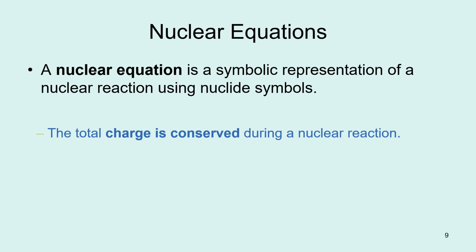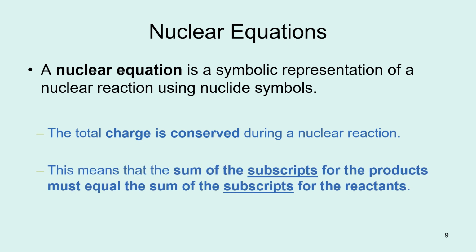And the important thing to remember is that the total charge is conserved during the nuclear reaction. So that's what I was talking about a minute ago, is that the numbers have to add up. So the sum of the subscripts should be equal on both sides of the equation. So everything to the left of the arrow should add up to equal everything on the right side of the arrow, the subscripts.